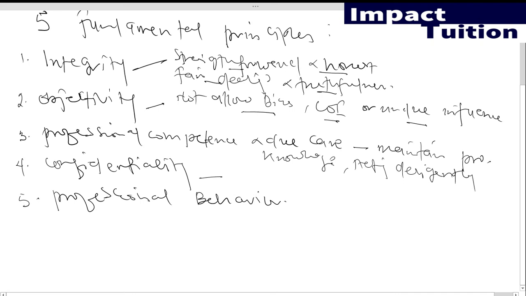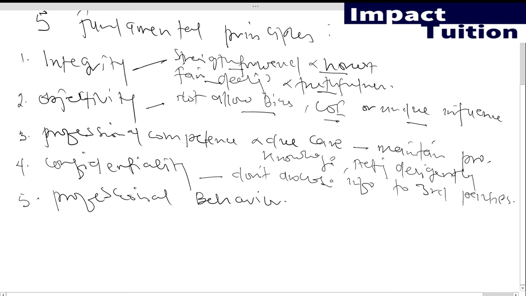Confidentiality. Professional accountants must respect the confidentiality of information acquired as a result of professional and business relationships and should not disclose such information to third parties without authority or unless there is a legal and professional right or duty to disclose. That is all for confidentiality. Don't disclose info to third parties.